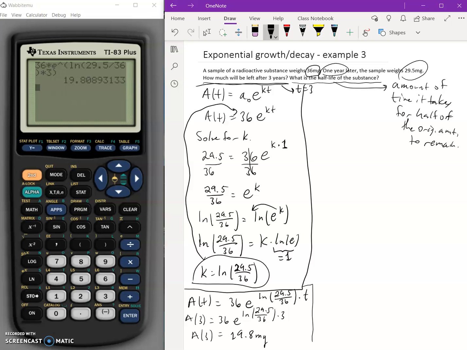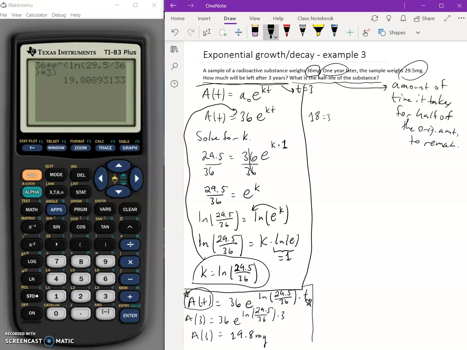So if we start out with 36, the half-life will be the amount of time that only half of it remains. If we think about what that means with my general function A of t, what I'm looking for is what happens when I have 18 milligrams remaining, because I want the amount remaining to be half of the original amount, which is 36.